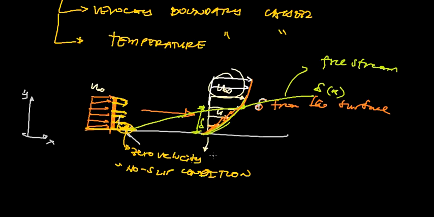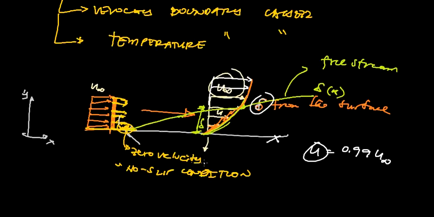The quantity sigma is typically defined as the value of y for which u is equal to 0.99 u infinity. This boundary layer changes as our x increases.